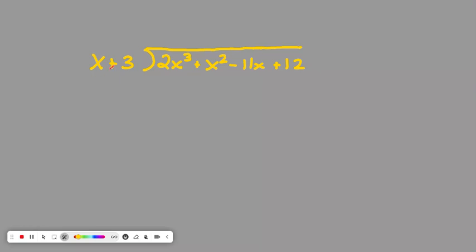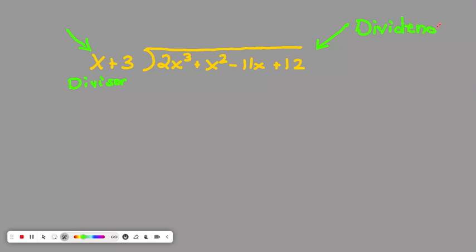So you're going to look at this and you look at the first term right here, in the divisor. Remember, this is the divisor. And we know that this part under here is the dividend.